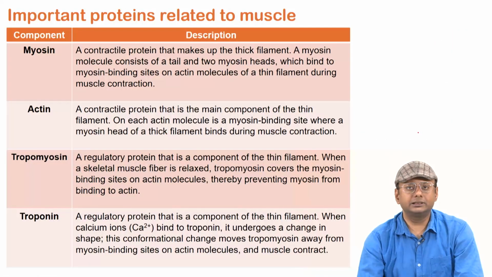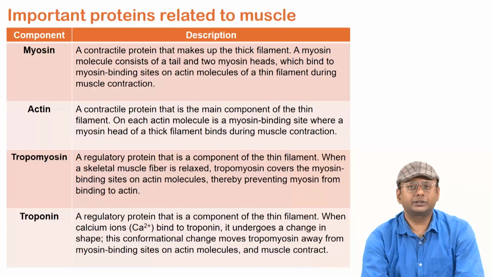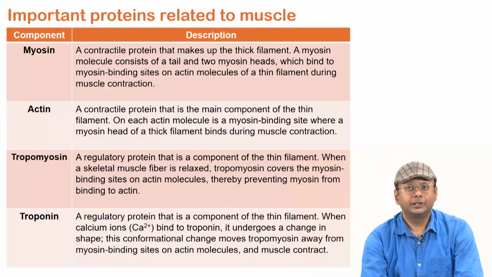Let us see their function. Myosin, which is present in the thick filament, is a contractile protein, and the myosin molecule contains both a tail and two myosin heads. So it has two heads, and then it also has a tail.